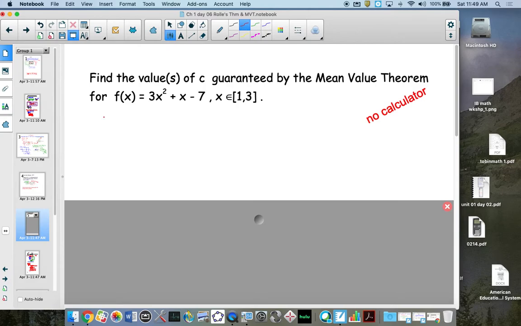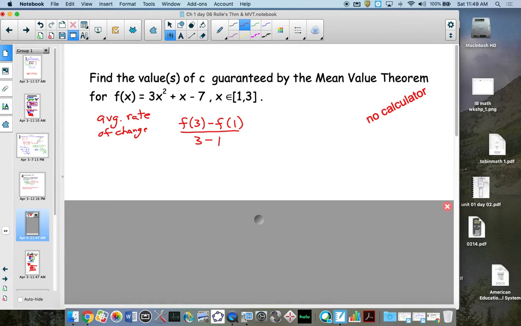So let's find that. So for this problem, we're going to be doing f of 3 minus f of 1 over 3 minus 1. So basically, remember, that's just slope. It's rise over run, difference of the y values over difference of the x values.